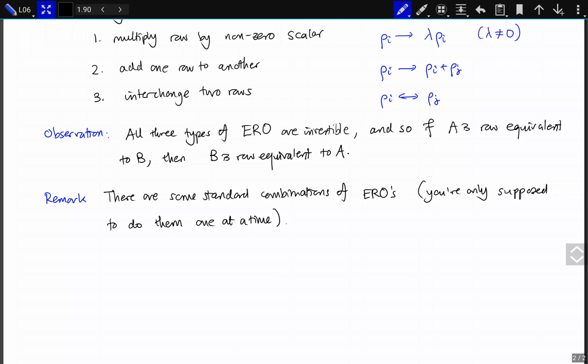And the example that's important to know is you could multiply row j by -1 and then add it to row i.